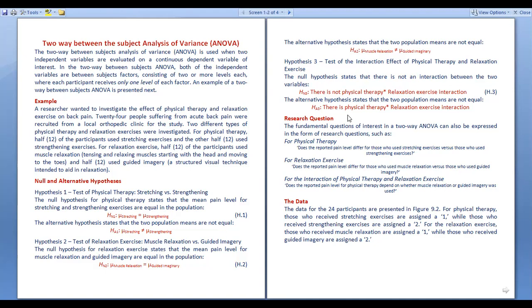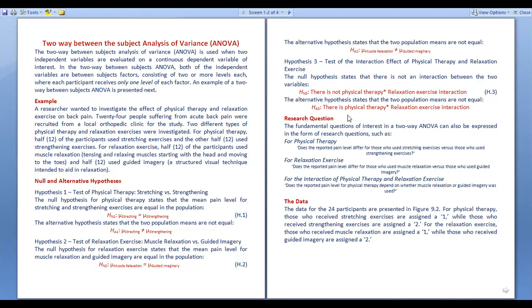Now coming to the interaction part, which becomes our third research question, we are talking about the interaction of physical therapy, that is the first independent variable, with the second independent variable, that is relaxation exercise. So the question is, does the reported pain level for therapy depend on whether muscle relaxation or guided imaginary was used? So that is what our research questions are.